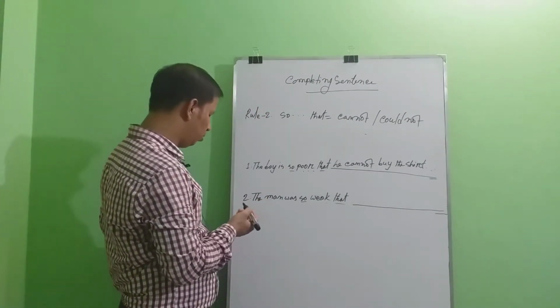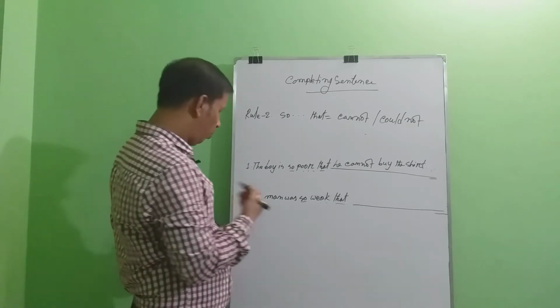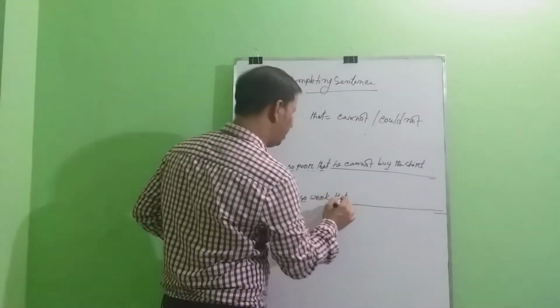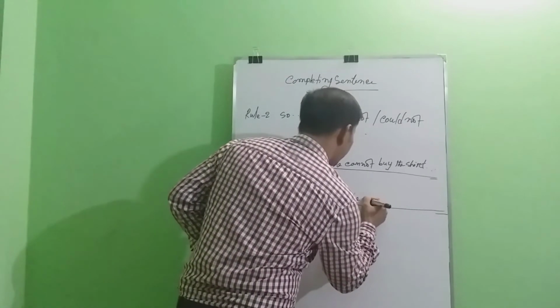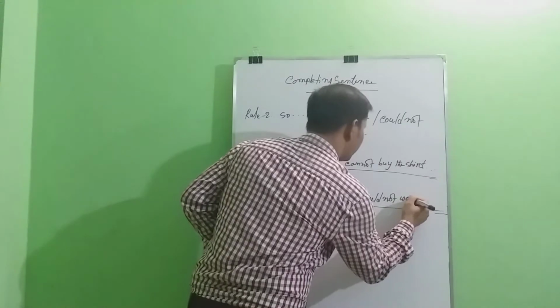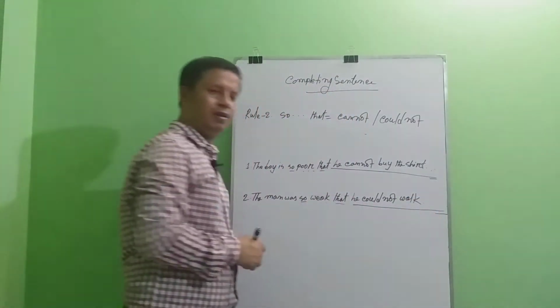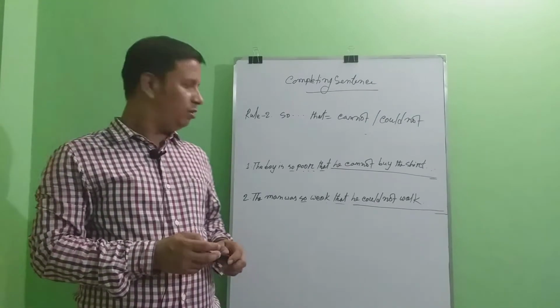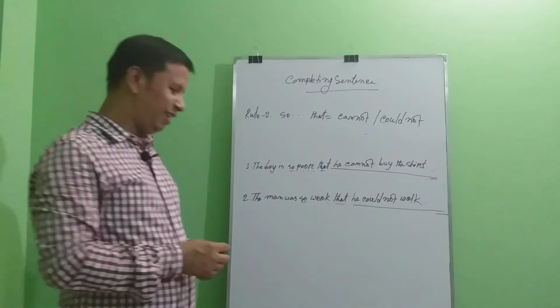So according to this rule, we can complete the sentence: the man was so weak that he could not walk. I hope all of you have understood this rule. Thank you, students.